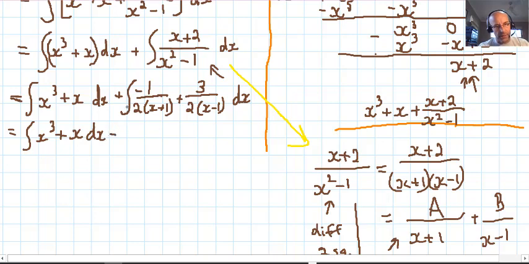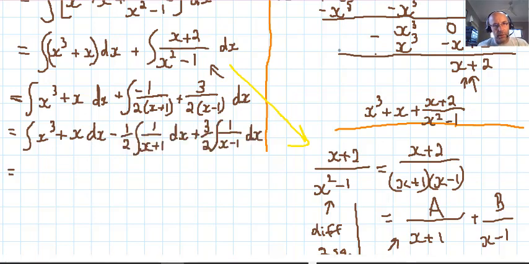Now that negative can go out the front, which will make this minus, and you see we can also put the 2 outside as well. So this is what we can have, and now we're ready to take the antiderivative.